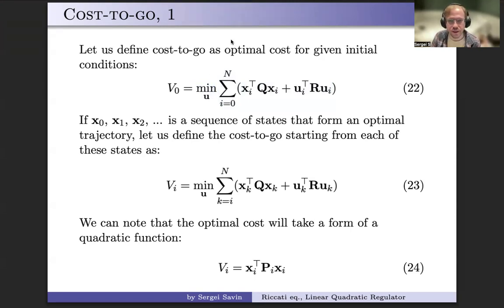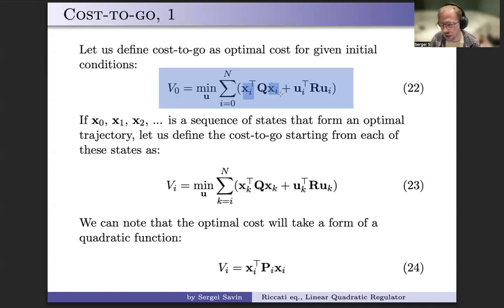So what we find here is a cost to go for a particular state, right? So basically, you can say we have a trajectory. We have x of i, which depends on f of x as before, depends on the control law, and we find the cost to go from time 0 to n.